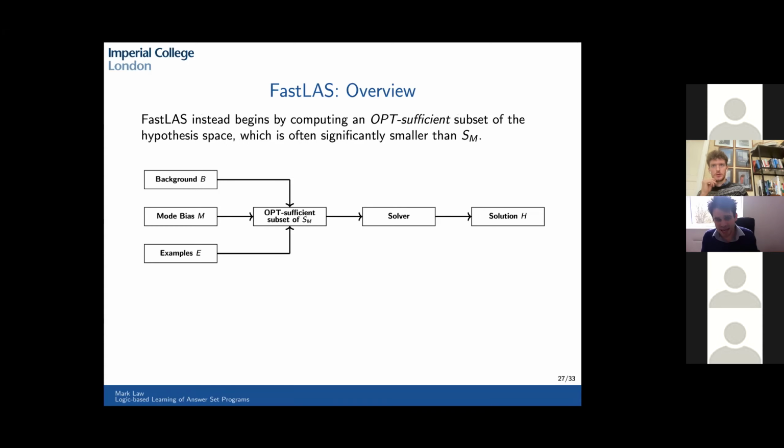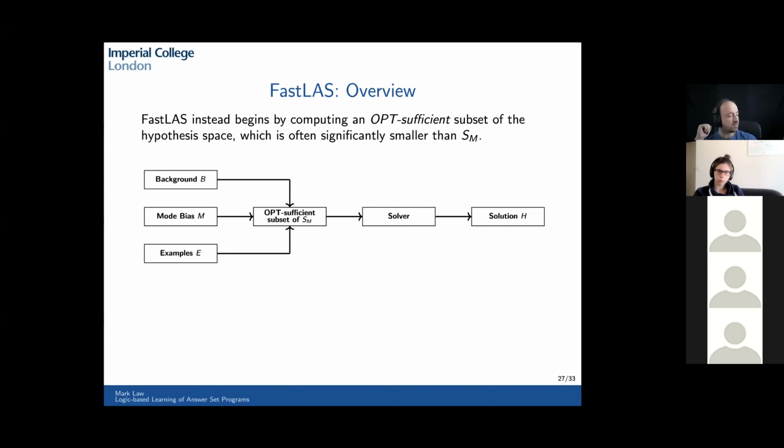So what we do instead is use the background knowledge and the examples to compute a small subset of the hypothesis space that contains at least one optimal solution. We call this an opt-sufficient subset, and we can give it to a solver with exactly the same guarantees as before in terms of finding the optimal solution within that subset.